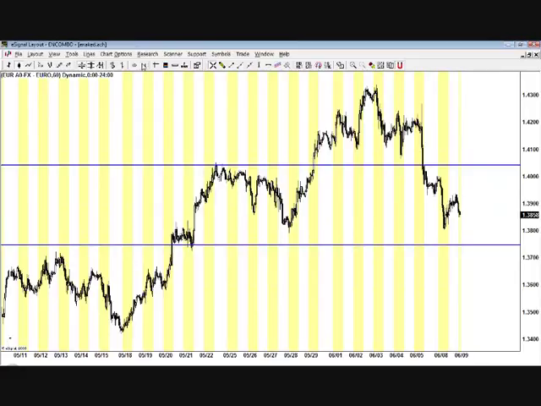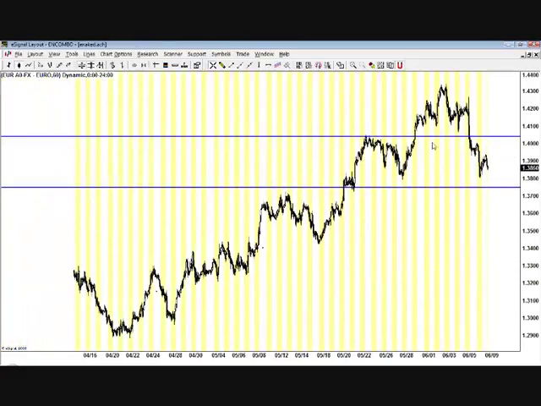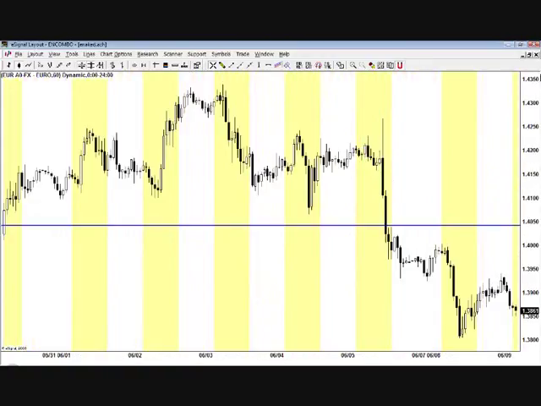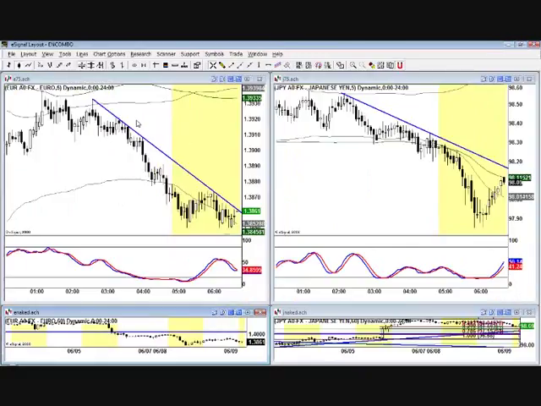That would form a really nice head and shoulders, and the potential target for that would be around 1.34. So there's no problem with the potential for the euro to go long. It could actually go all the way up to about 1.4050, and then move down through this neckline lower. So just an interesting little aspect of the euro hourly chart that you can have a look at and ponder whilst we're waiting for these trades.